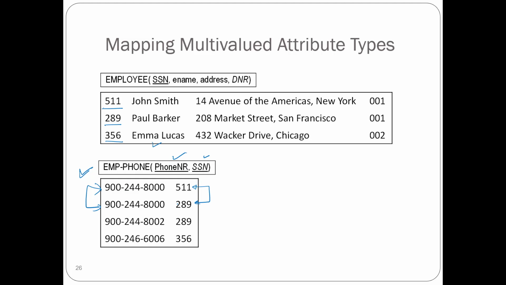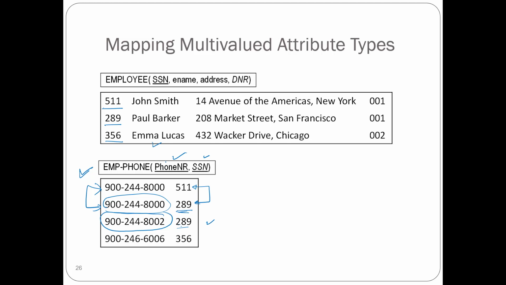Okay, great. Then see, just SSN is also not enough because 289, Paul Barker, has two phones, right? This landline connection, as I came up with as an example, and probably the cell phone number, which is 900-244-8002. Okay, so that's an interesting case.